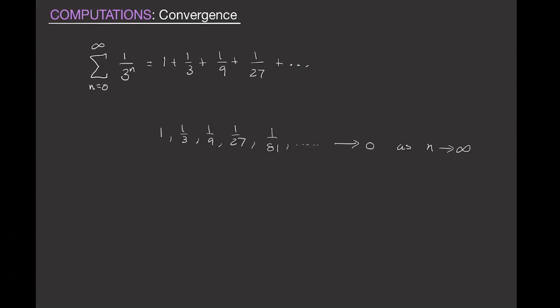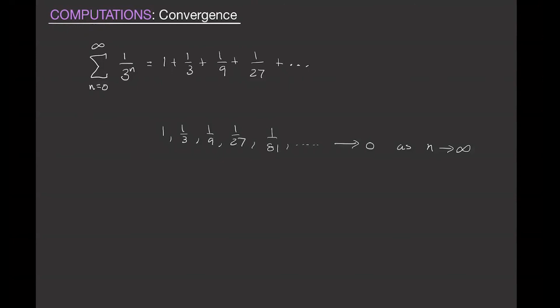The question is, since it does go to 0, the divergence test won't apply, because the divergence test says if they don't go to 0, then you know it diverges. What the divergence test doesn't say is what happens if they do go to 0. And that's an important part.